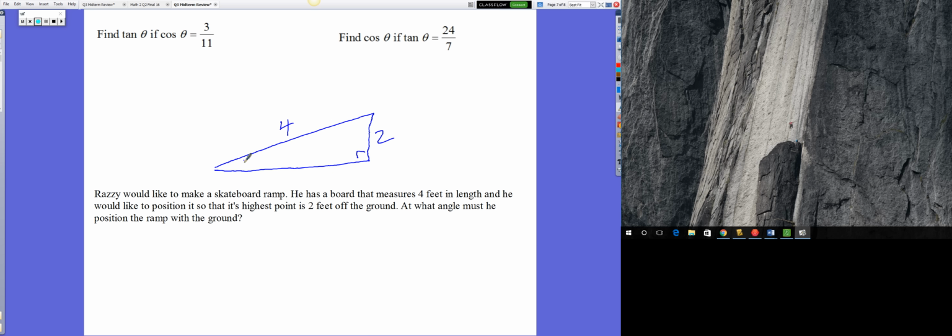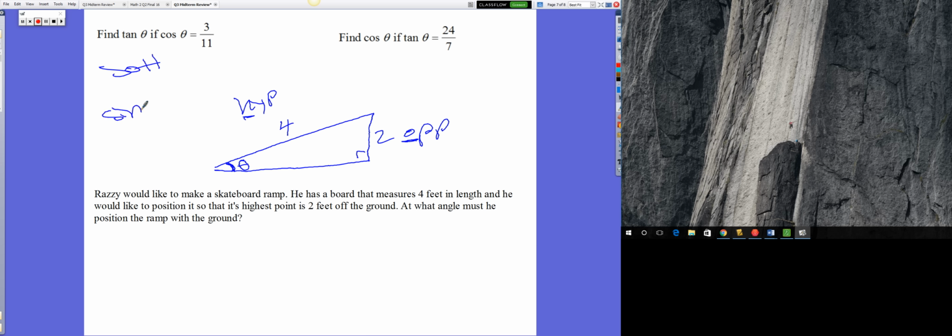The question is, what angle is this right here? How wide does he have to open that ramp off the ground? So if you're going to go from here, this is the hypotenuse and this is the opposite, so you need to use O with H, and the trig fraction that uses O with H is sine.